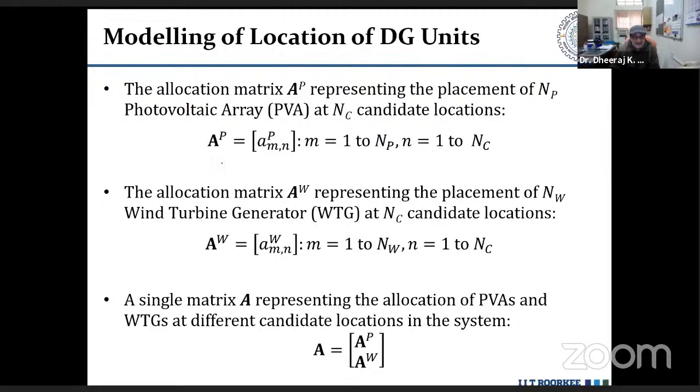So location of DG is being modeled by a matrix. Here we are considering two types of renewable DGs. One is based on photovoltaic, another is wind. So this is for photovoltaic array. How are we placing it in the system?